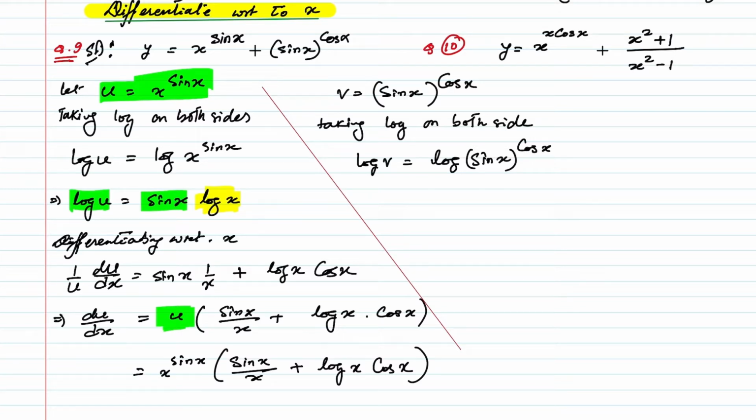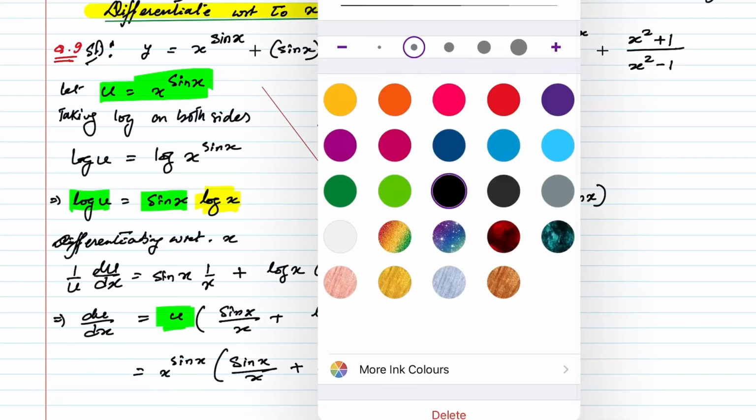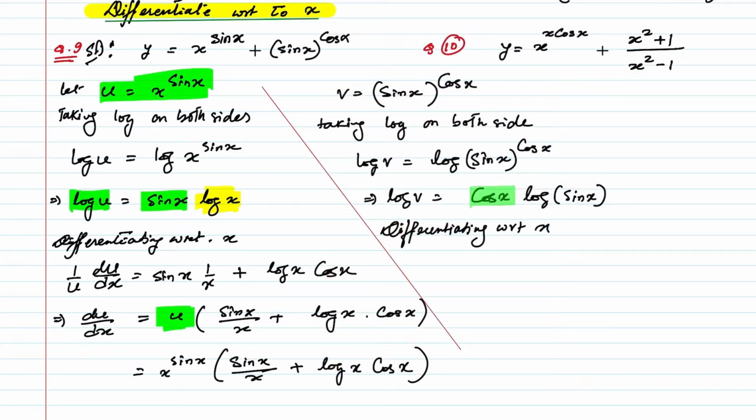So similarly, using the property of log, we will get log v is equal to cos x log of sin x. So again differentiating with respect to x, again here you have to use the product rule. This is cos x, one function, this is another function, log sin x.